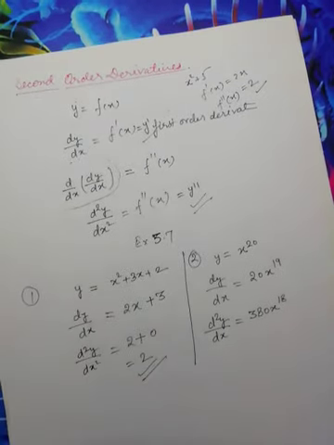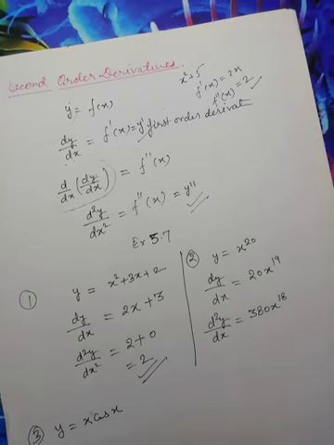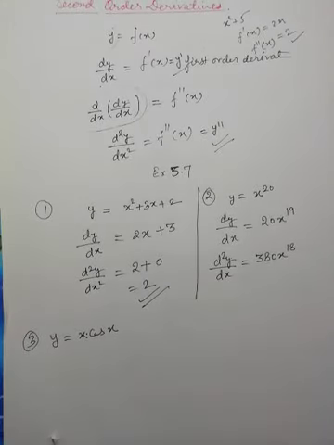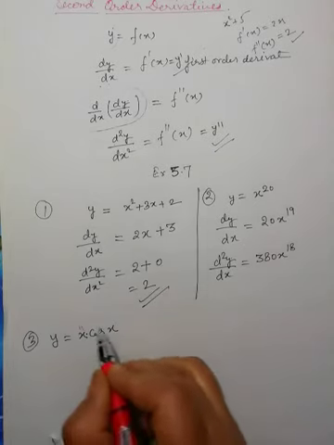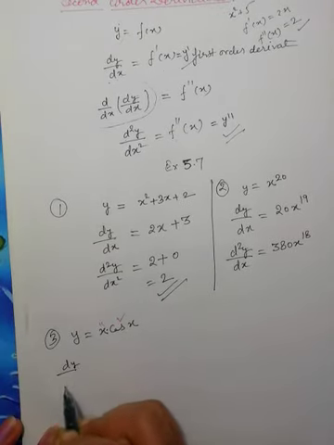Same way I am taking the third question, where the given function is y is equal to x cos x. Now you can see this is a product of two functions, x and cos x, so we need to use the product rule here. This x is u and this is v. So when we find dy by dx, we'll use the product rule.